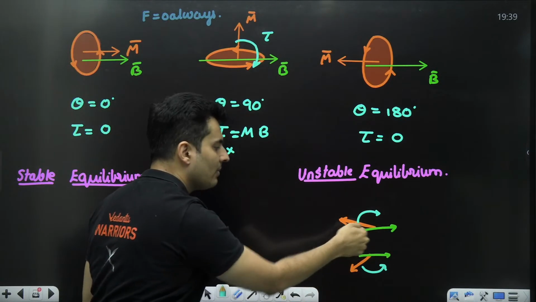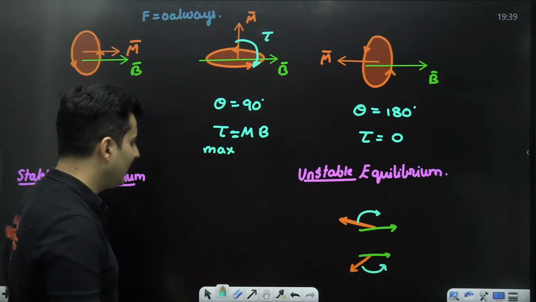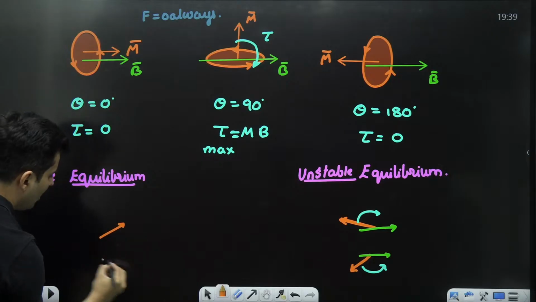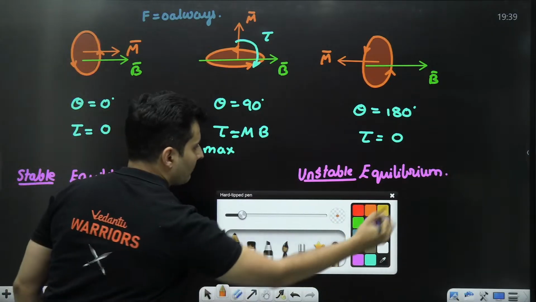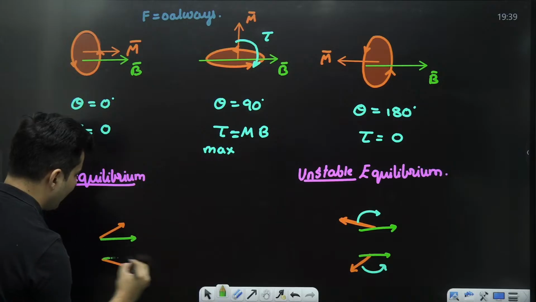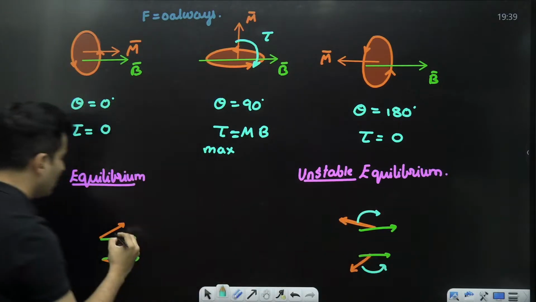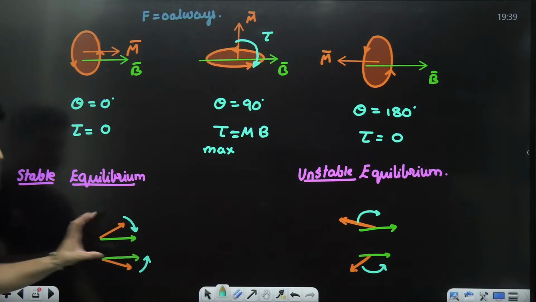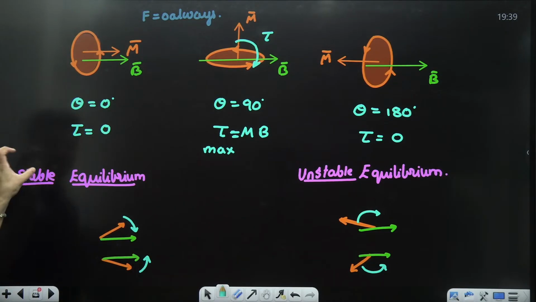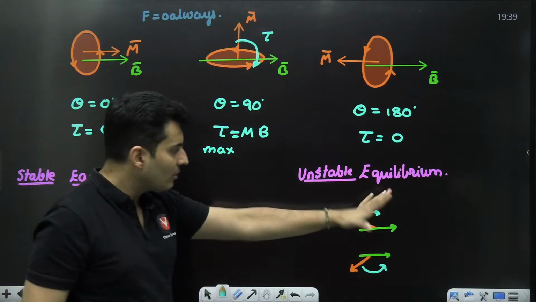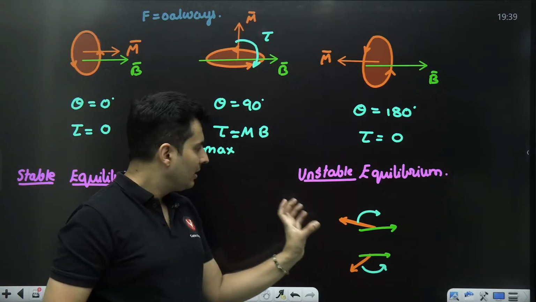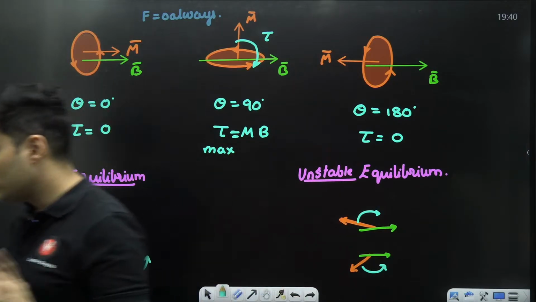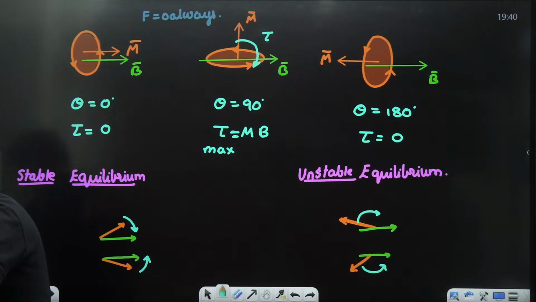So it is not coming back to its original state. That is why it is unstable. Whereas over here, if you slightly move it up or slightly make it go down with respect to the magnetic field, you will see the torque will immediately try to bring it back. It will try to restore it. So because it tries to restore, it is stable. Here also it was equilibrium, but if you disturb it, then gone. It will immediately flip onto the other side. Is this logic clear, everyone? Yes.